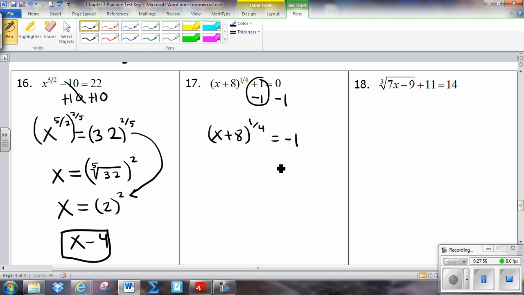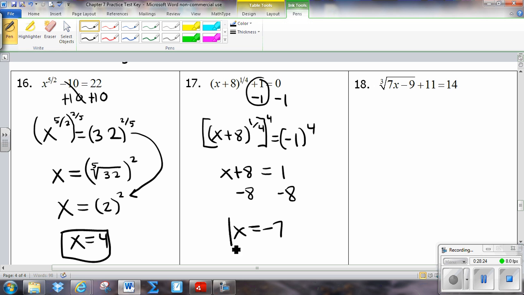So what we're going to do now is we're going to do the fourth power. Oh, hold on, that's an equal sign. So we're going to do fourth power each side. And this is a fourth power. So you'll get x plus 8 equals positive 1, and minus 8 minus 8, you'll get x equals negative 7.